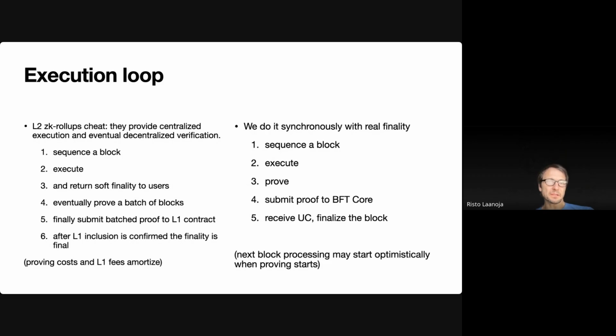They have a centralized execution because they have a single sequencer and single ZK prover, and they return to users immediately that they have already accepted the transaction, and the user receives a soft finality signal as a receipt. And this is not, in fact, equal to strong finality, which can be achieved only after committing to the actual layer 1 blockchain.